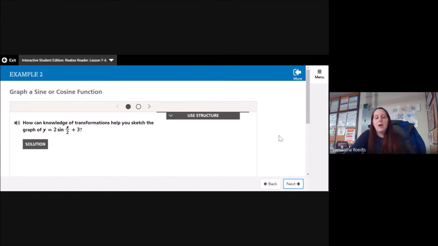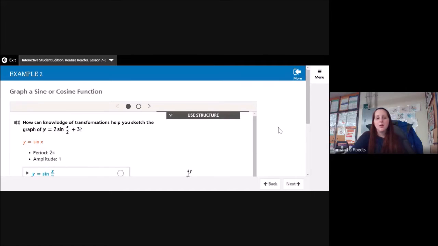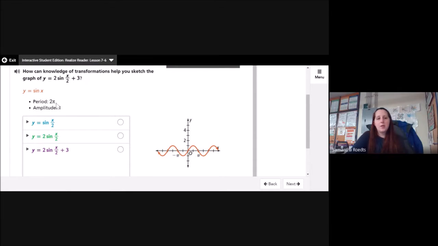Great. Example 2, graph a sine or cosine function. How can knowledge of transformations help you sketch the graph of y equals 2 sine of x over 2 plus 3? So sine x, remember our period is 2 pi and our amplitude is 1. So sine of x over 2, my period is 4 pi. Remember, we take 2 pi and divide it by whatever we have.